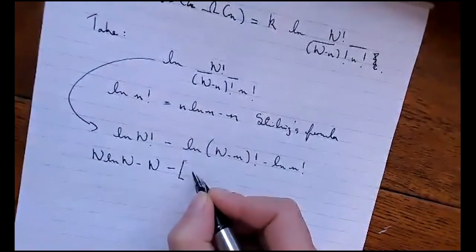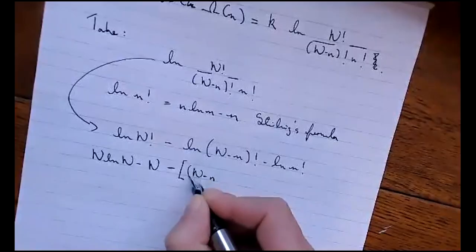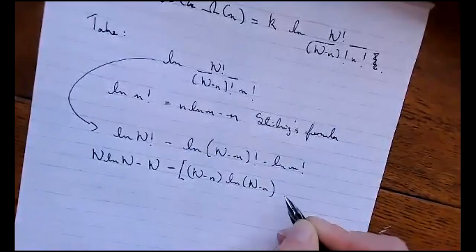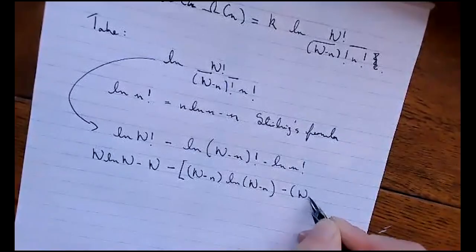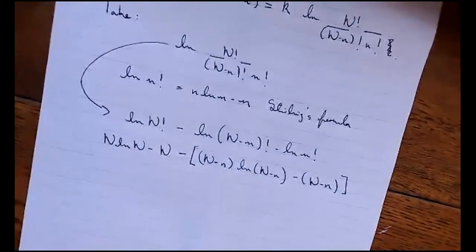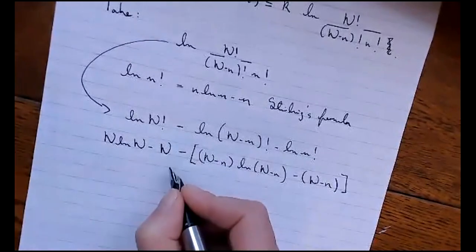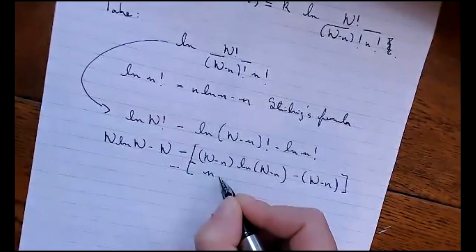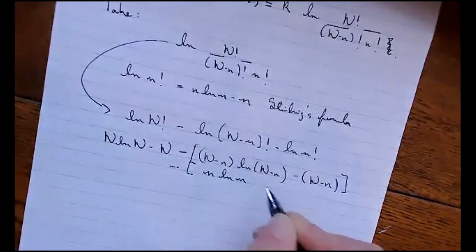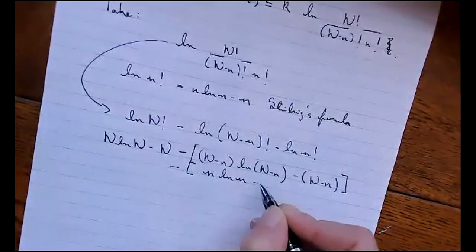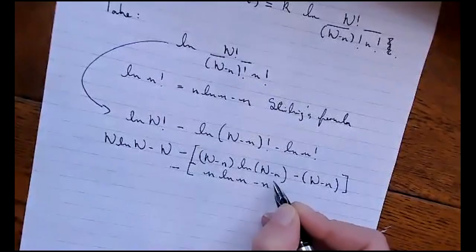So we have big N minus little n, ln of big N minus little n, minus big N minus little n. Okay, so that's that term. And now we want to do the next one as well, minus, so let's put that in a bracket just to keep our life easy: little n ln little n minus little n.